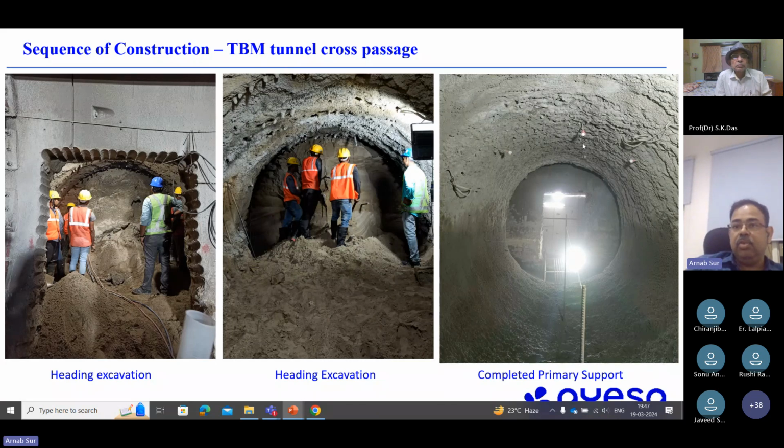And this shows the complete primary support. So these are all shotcreted with a wire mesh. And you can see there are instruments. We have optical targets there to see the deformation, and daily measurements are taken. So this is the completed primary support.